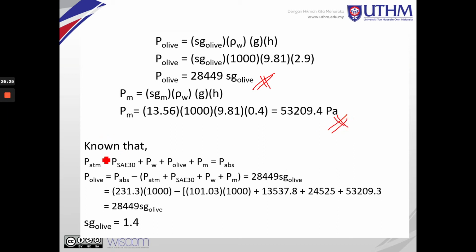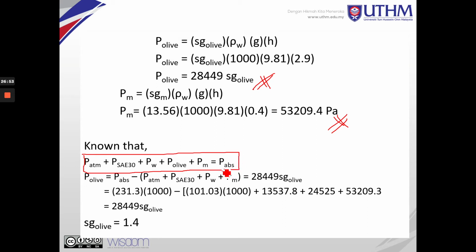So we know that the P absolute is, okay, use this equation for all the pressures at the part below the mercury. So P atmosphere plus P SAE oil plus P water plus P olive plus P mercury is equal to P absolute.